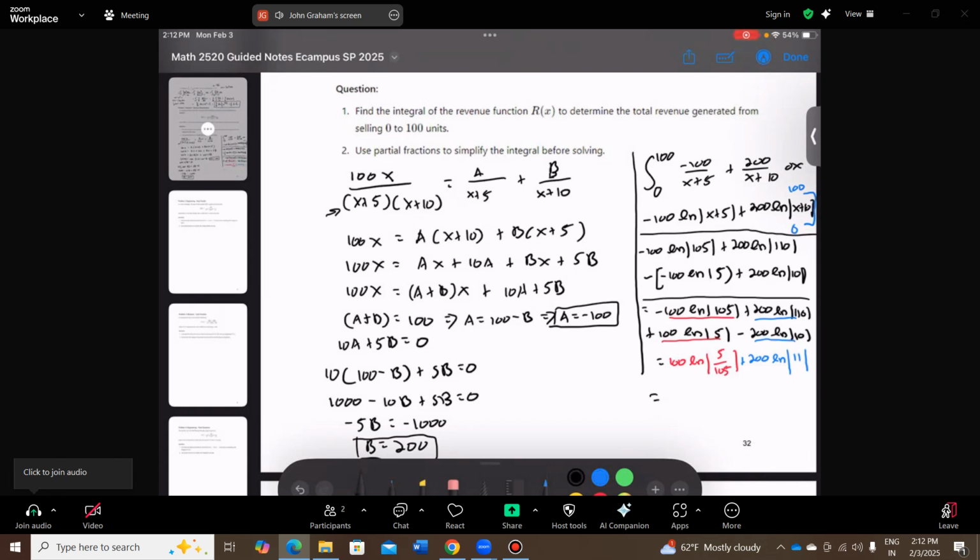So natural log of 5 divided by 105 times 100 plus 200 natural log of 11, and I get 175.13. And that's the total amount of revenue generated.